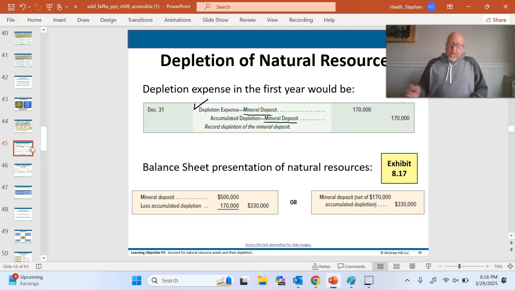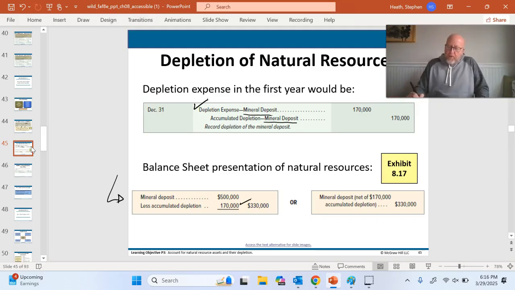Okay. And then it's going to show up on the balance sheet as follows. Again, it'll be listed at cost, just like all of our other long-term assets. And then just under cost, we're going to include accumulated depletion, and in this example so far, it's 170,000.